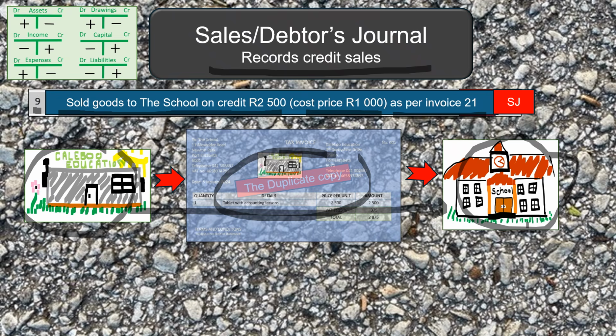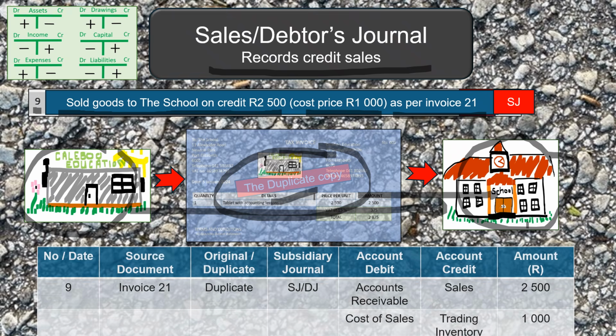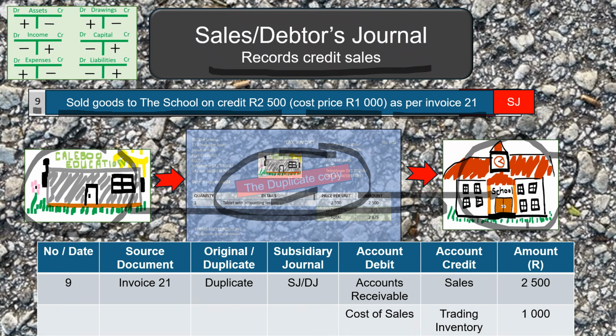And Calibu is left with the duplicate copy, and the duplicate copy is used to record the transaction. So for all credit sales, an invoice is used to record the credit sale, and the person selling, or Calibu Education in this case, will record the transaction using the duplicate, as the original will go to the account holder, the school.